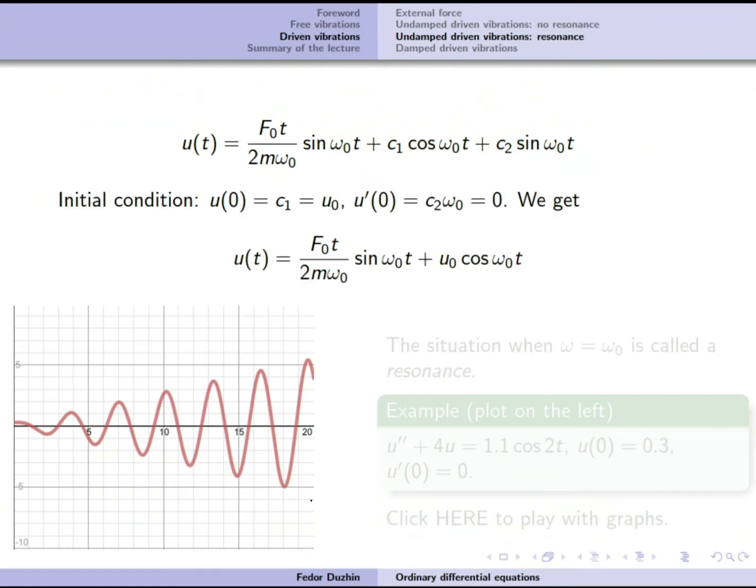For instance, if say our initial condition is that u of 0 is some number c1 and u prime of 0 is say 0, then we get this formula.